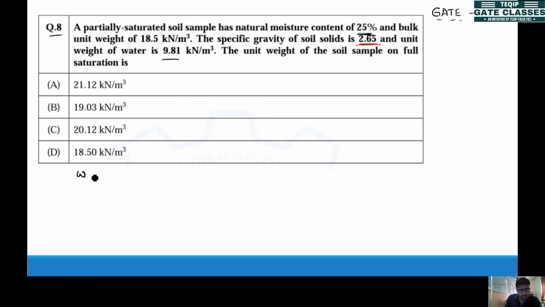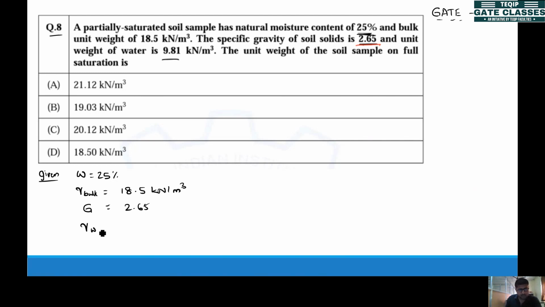And it says the bulk unit weight is 18.5 kilonewton per meter cube, and the specific gravity of soil solids is given, so G is 2.65, and the unit weight of water is 9.81. So this is known to us, right?